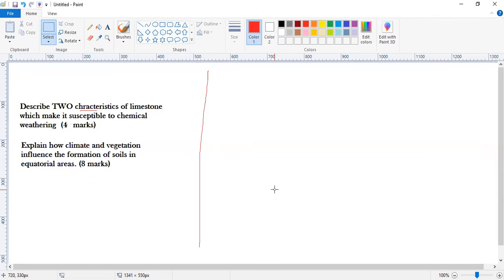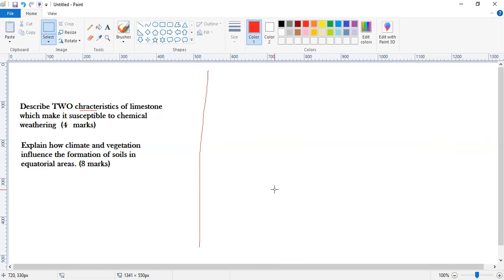So we know that if there is anything that you're going to get marks for in this question, it is for actually identifying the characteristics. But you can't just identify the characteristics, because the question did not just ask you to identify, it asks you to describe it. So you want to identify the characteristics of limestone, and you want to say something about those characteristics.